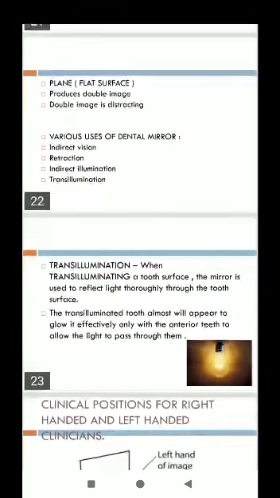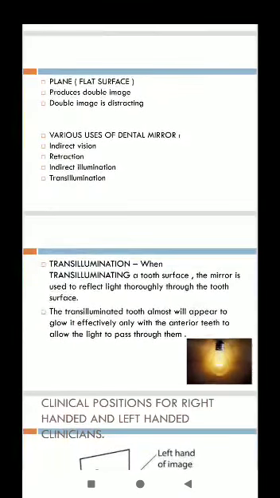Trans illuminating a tooth surface is where the mirror is used to reflect light through the tooth surface. The trans illuminated tooth will appear to glow; it works effectively only with the anterior teeth, to allow the light to pass through them.